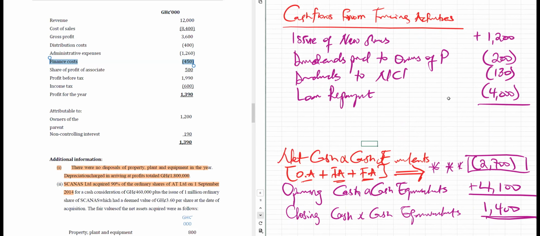Then for financing: new shares 1,002 minus 200 minus 130 minus 4,000. We end up with minus 3,130.